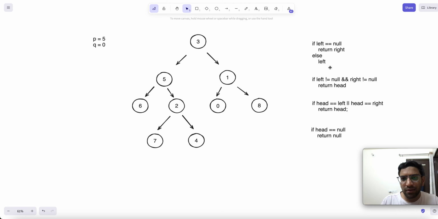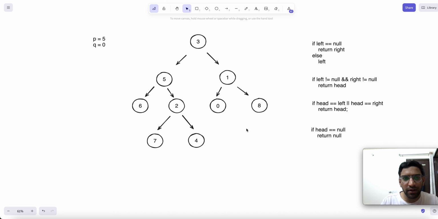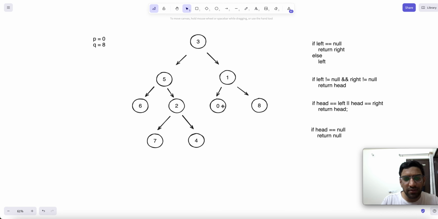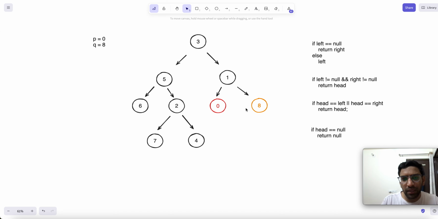Another condition: suppose I take this subtree as a binary tree, and let's say our value of P is 0 and our value of Q is 8. These are our nodes with the values of P and Q, and now we need to find the lowest common ancestor. The lowest common ancestor is 1, which is connecting both 0 and 8.